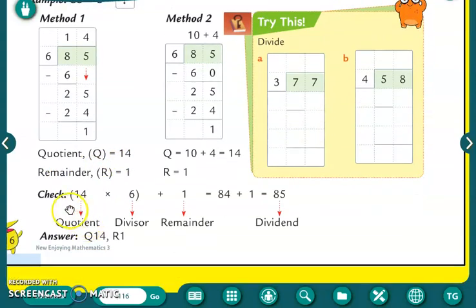And after this we have to check. 14, which is the quotient, multiplied by the divisor, plus 1 remainder: 84 plus 1 is equal to 85, that is the dividend, which means your division sum is correct.